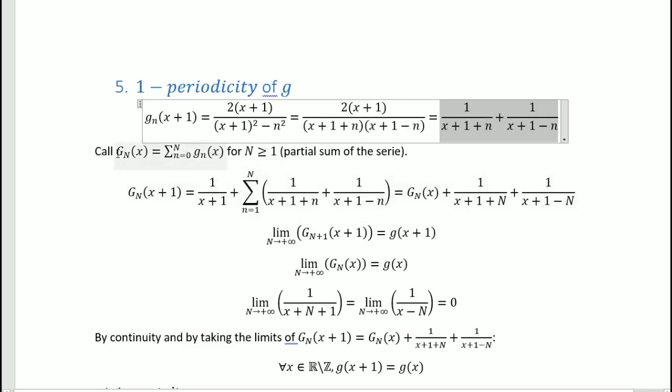Okay, so I call big G_n of x the partial sum, starting from 0 to big N of the small g_n of x, for n superior or equal to 1.